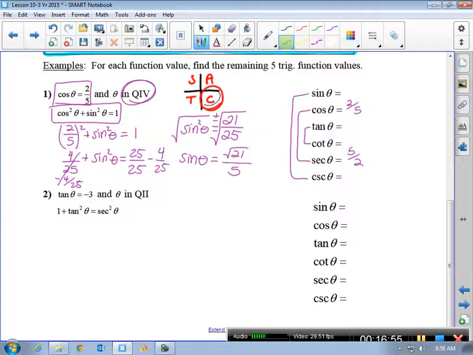Well, up here I circled our quadrant. Only cosine and its reciprocal are positive. So I know then that we have a negative square root of 21 over 5. And I'm going to flip that for cosecant. And of course rationalize.